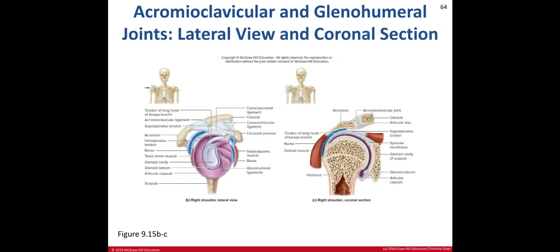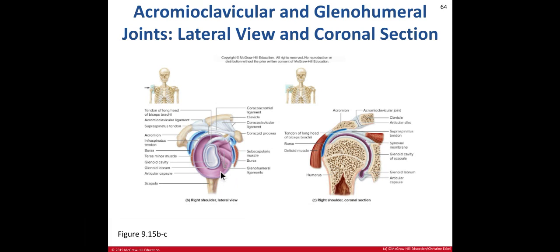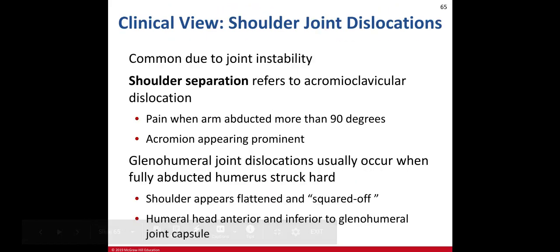And here's what it looks like if you were to cut a cross section to look specifically into that joint, where you've got all these tendons holding them there. You've got the bursa, you've got the articular capsule. Okay, what can happen here?